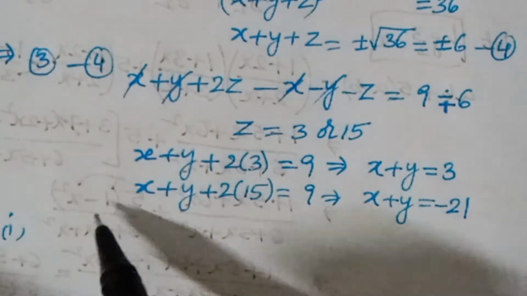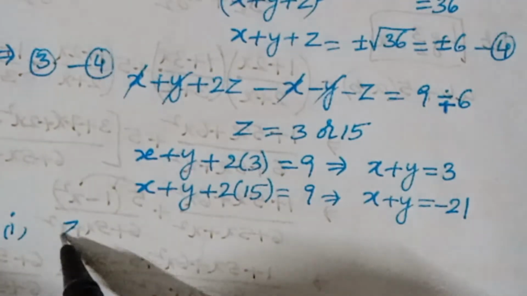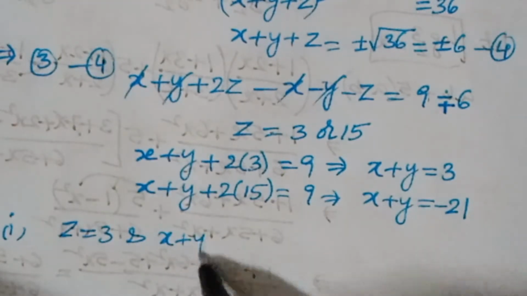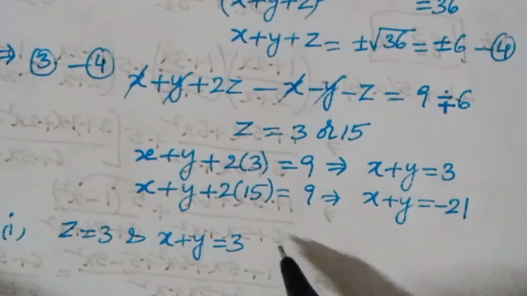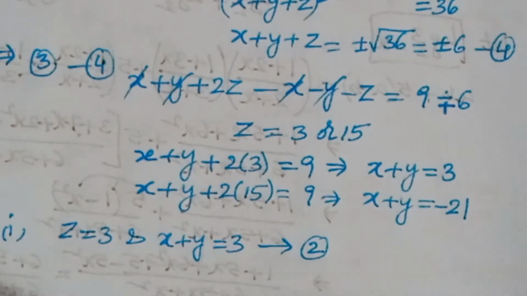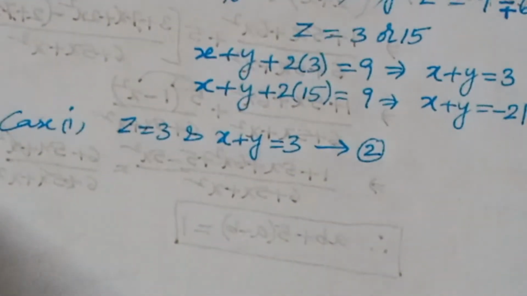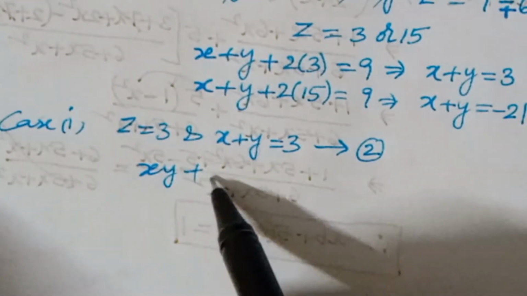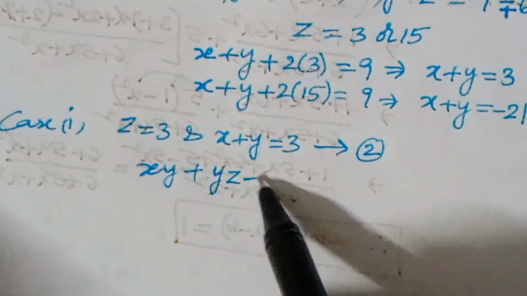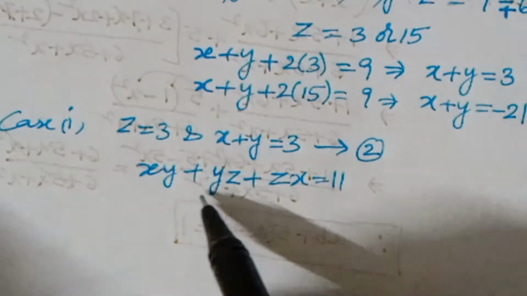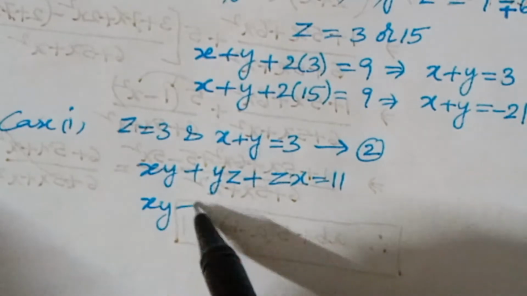Case 1: z = 3 and x + y = 3. Substituting this value in the second equation, xy + yz + zx = 11.